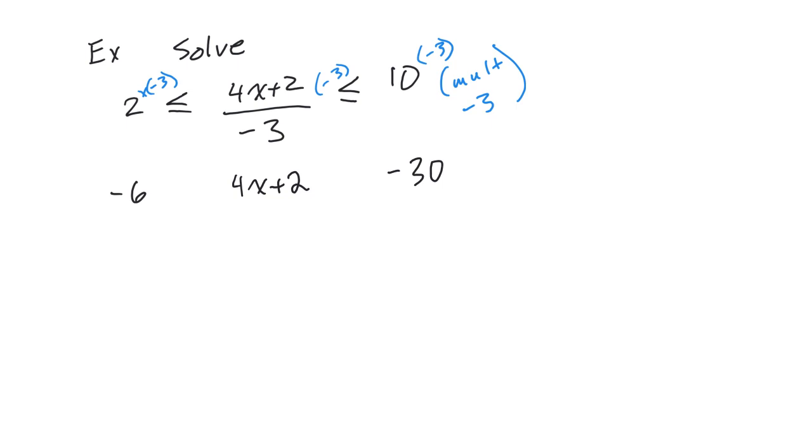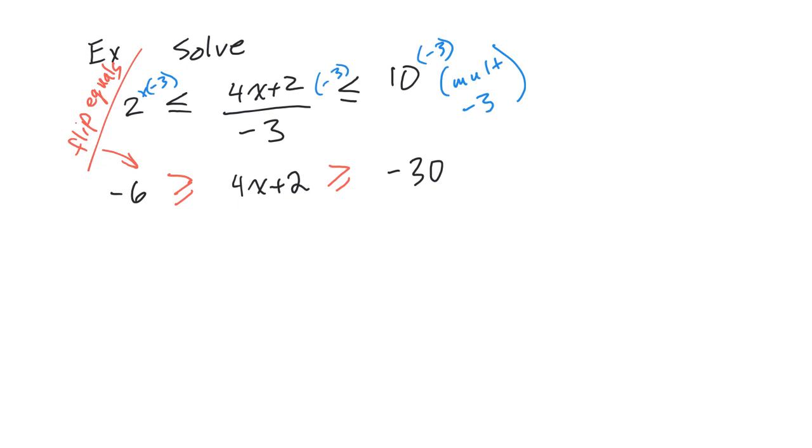So instead of less than or equal to, now we've got greater than or equal to and greater than or equal to. So you need to remember, if you ever have to multiply or divide an entire equation by a negative number, you need to flip the equalities. I'm just going to highlight that here. And so then I've flipped my equalities.